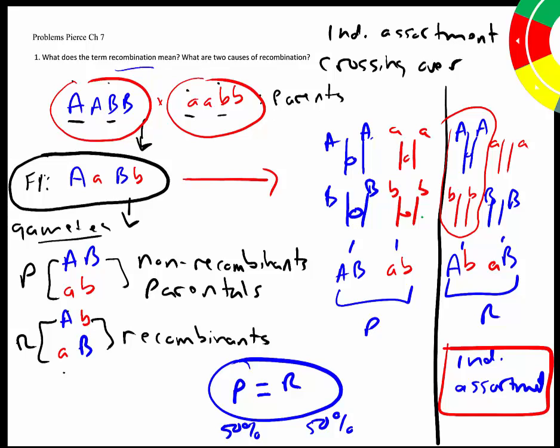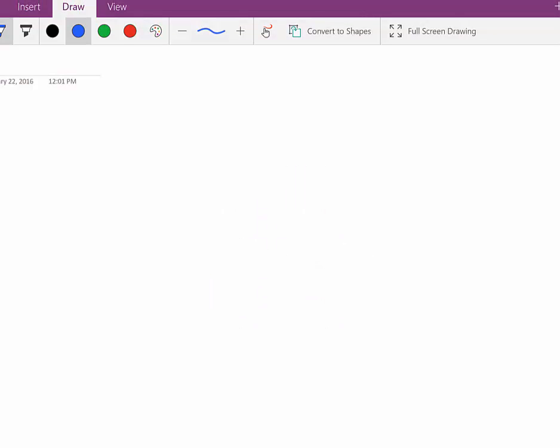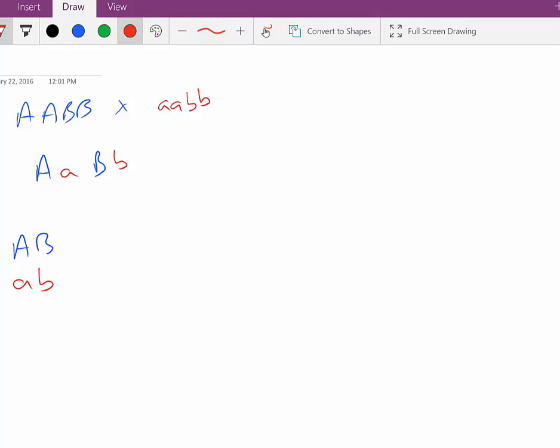So the big letters are blue, and so we'll draw those again, and we've got big A, big B, crossed to little a, little b. We get an F1 that looks like this, and then we're going to get our different gametes like this.